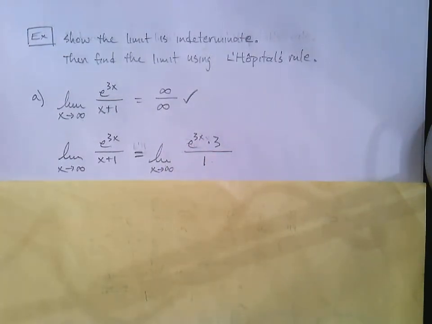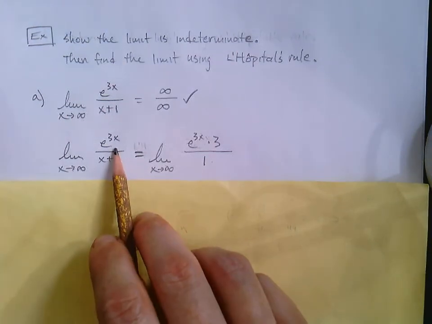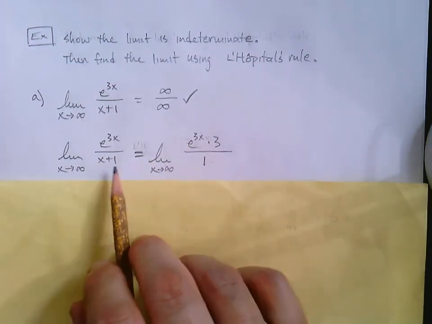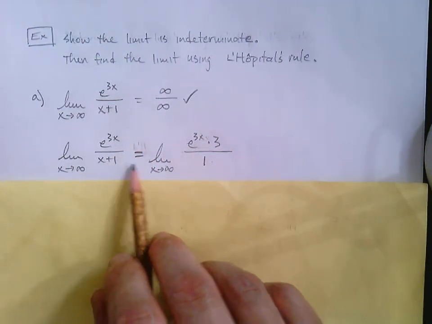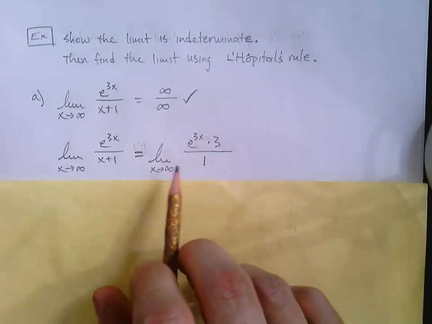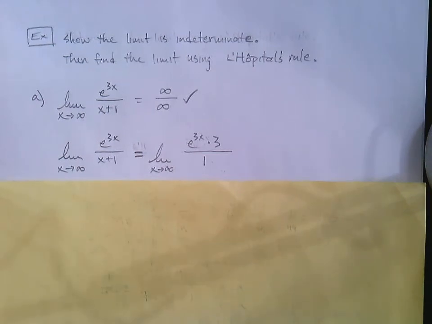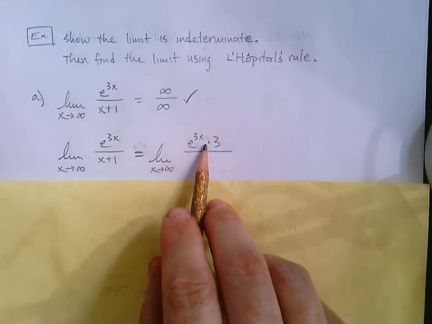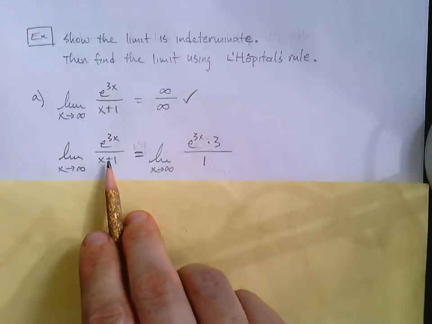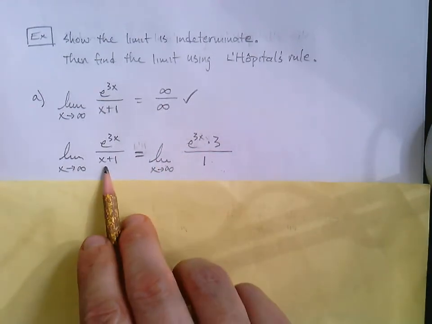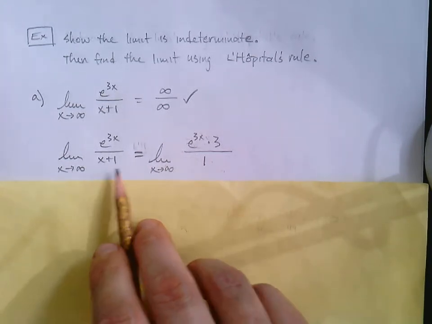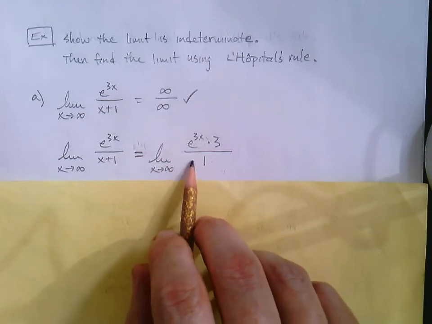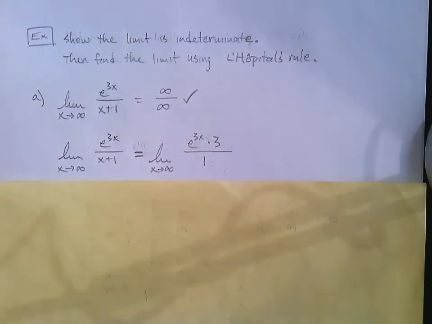But someone else who's just reading your work might not pick up on that, and they'll be like, what just happened? Because that was such a drastic change. And they might think you miscopied something. Some derivatives are easier to catch than others. The derivative on the numerator is probably pretty easy to catch. The denominator, though, x plus 1 becomes a 1. They might think you just miscopied something, forgot the x plus, and wrote just the 1. They might not be able to follow your work.